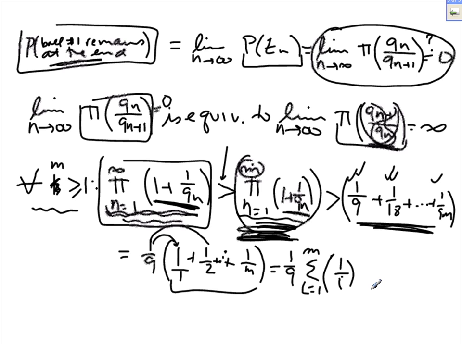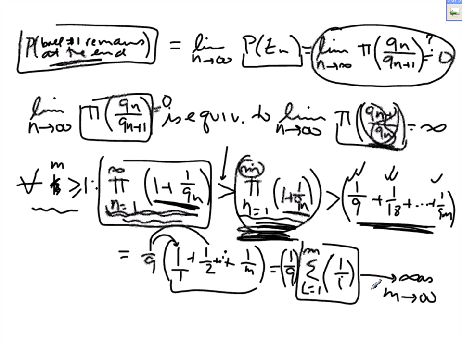Okay, so if I let m get bigger and bigger and bigger, this goes to some number as m goes to infinity. But this is the harmonic series. And everyone knows that the harmonic series diverges to infinity. Times it by 1 over 9, it's still infinity.